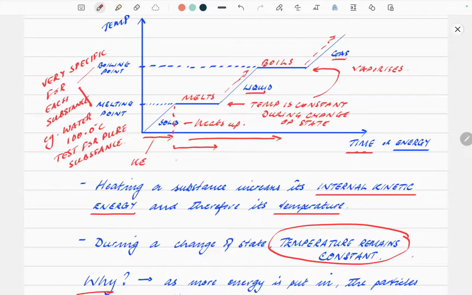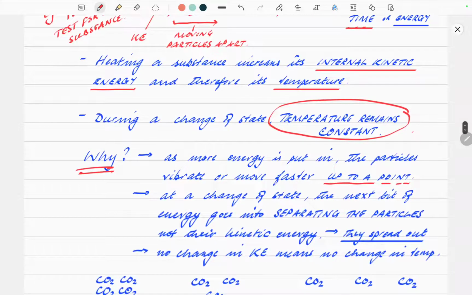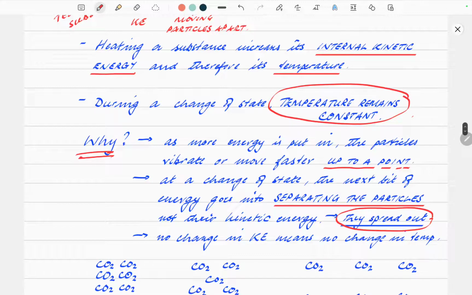This bit is going into separating or moving particles apart. Okay, that bit there, all right. And so effectively, the next bit of energy goes into separating the particles, all right, and not their kinetic energy, all right. So they're spreading out, all right. So no change in kinetic energy during that phase means there's no change in temperature.